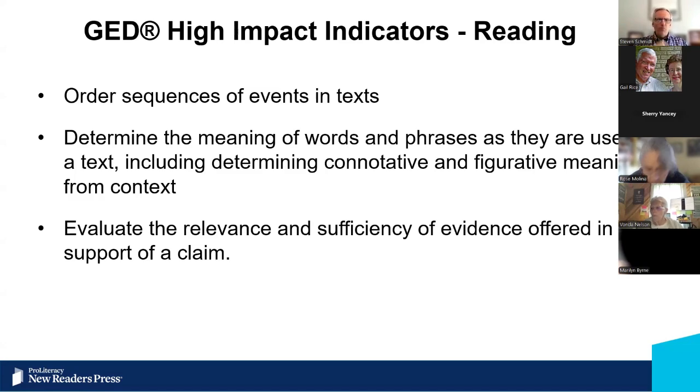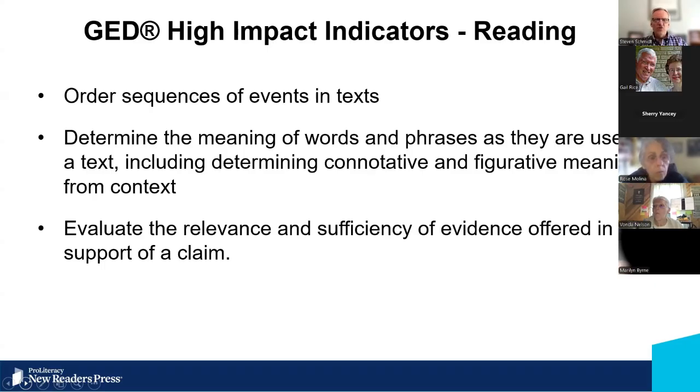And also, we're looking for claims. Is there enough evidence to support a claim? This is something we can start out with, a real basic, easy claim. It doesn't have to be something complex, as we're just preparing students for the RLA, the Reasoning Through Language Arts test, and social studies. So those are some examples of high impact indicators.